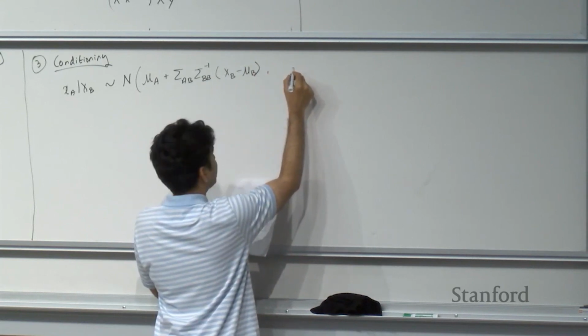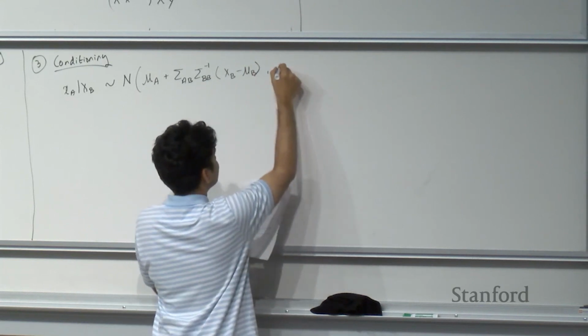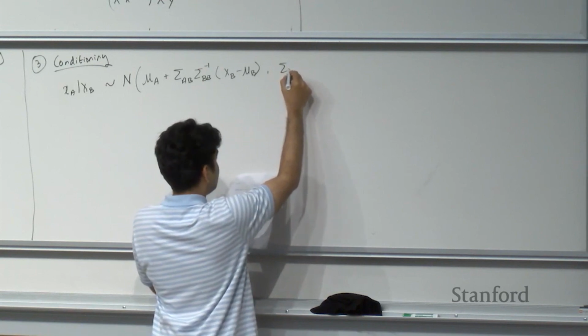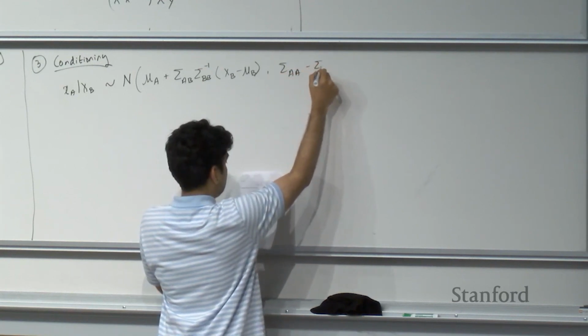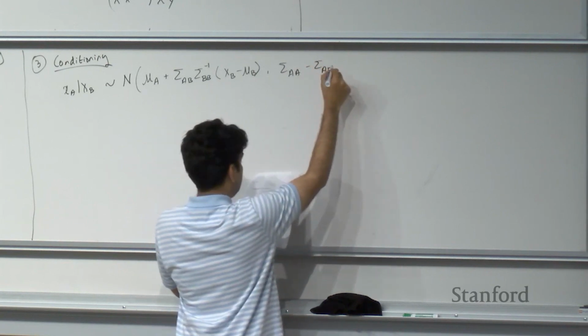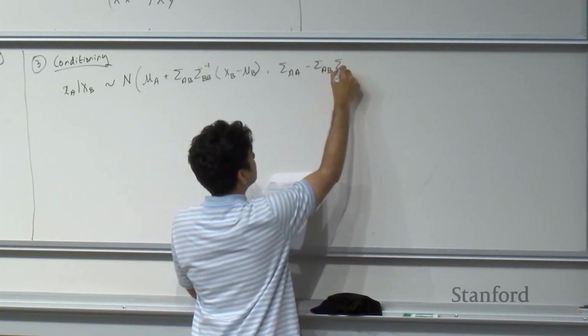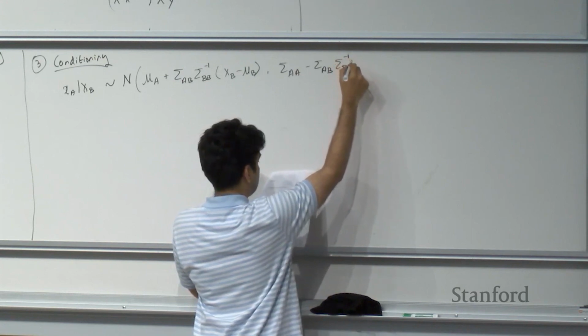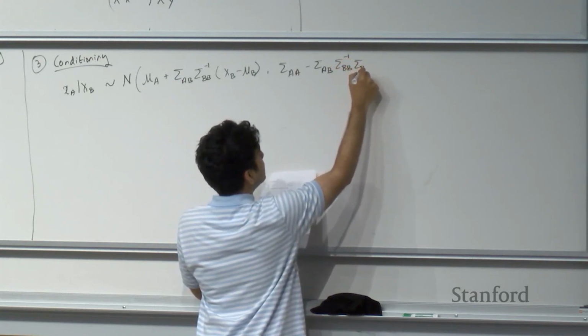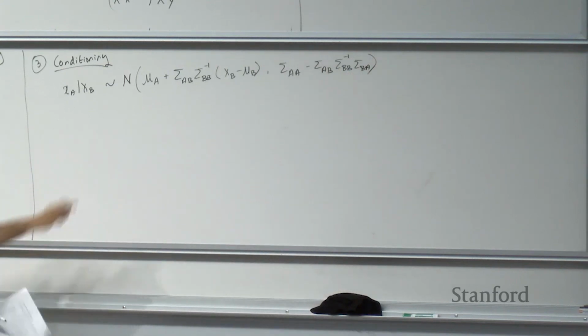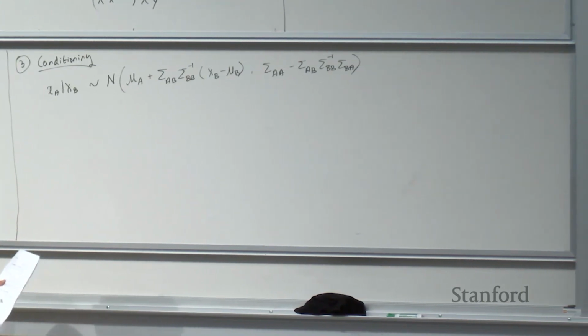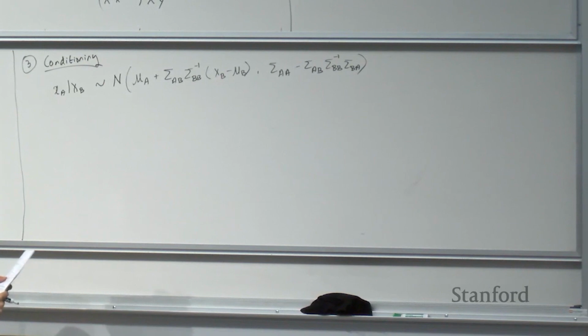This is a scary looking expression, but let's analyze it soon. Minus sigma ab sigma bb inverse sigma ba. Right? Wow, this looks pretty scary, but it's actually not as complex as it might appear at first.